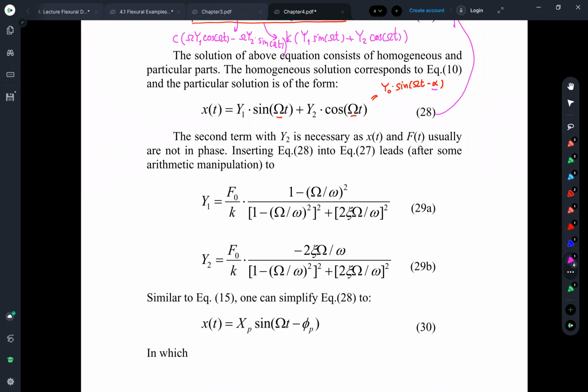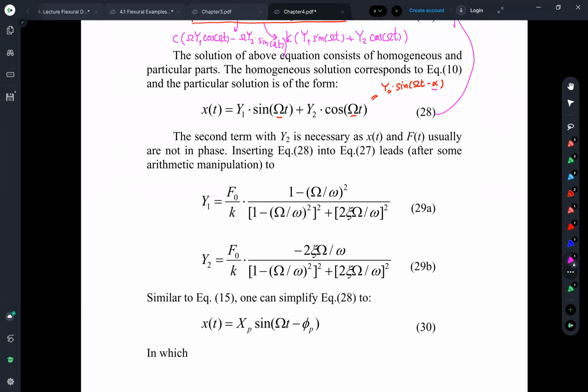Therefore, it does not have any effect on the amplitude of the structure. The maximum displacement is mainly controlled by the big XP.